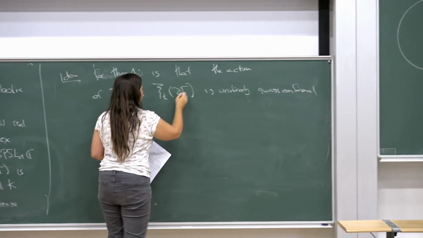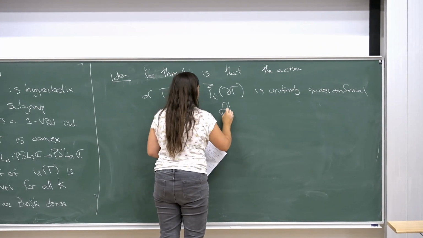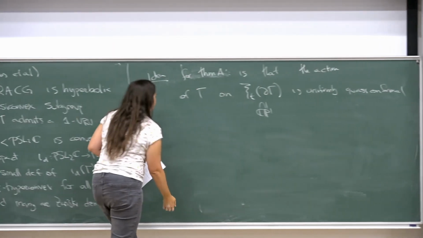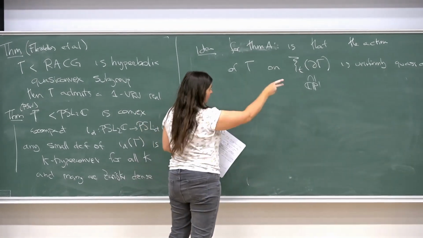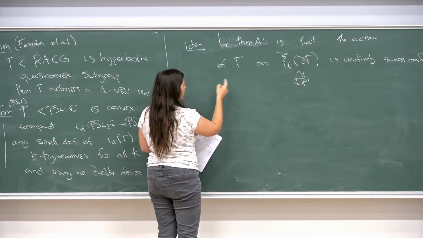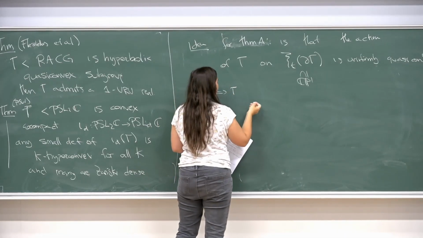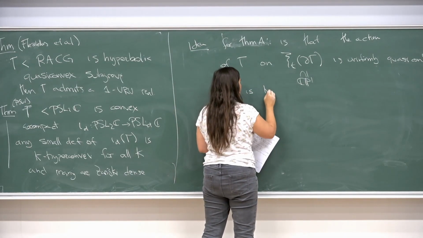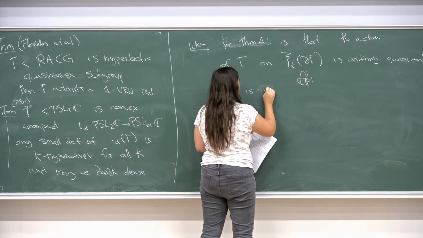This is a subset of CP1. And thus gamma is a virtually Kleinian group.